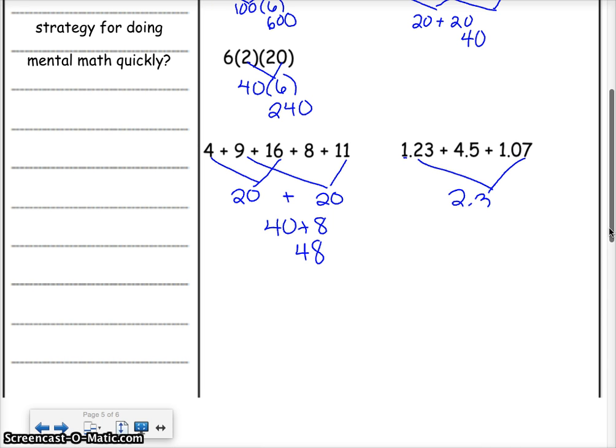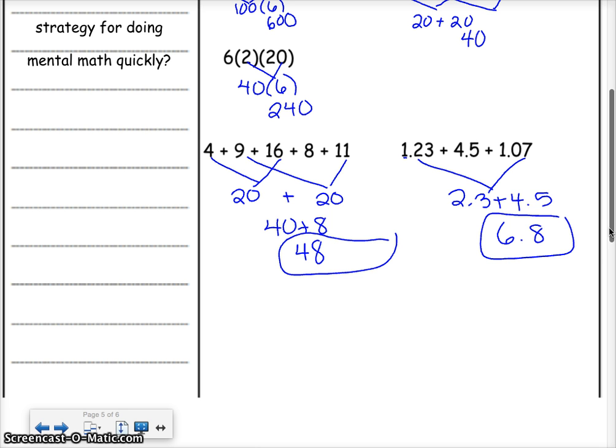So 2.3 plus 4.5 would be 6.8, not 8.8. 6.8 would be my final answer. Okay? So your goal with these fast facts is to just group together things that would end in a 0.